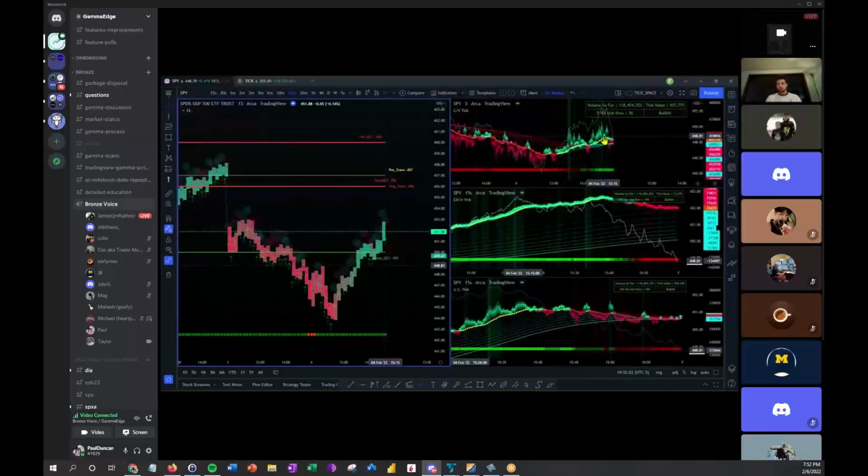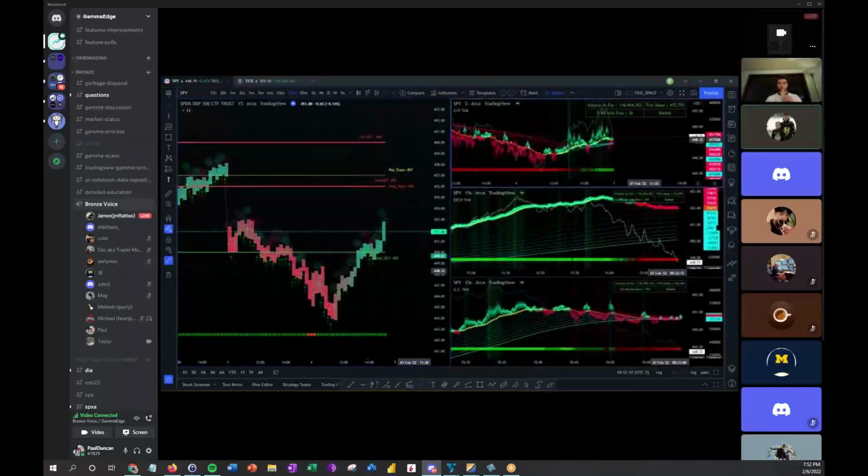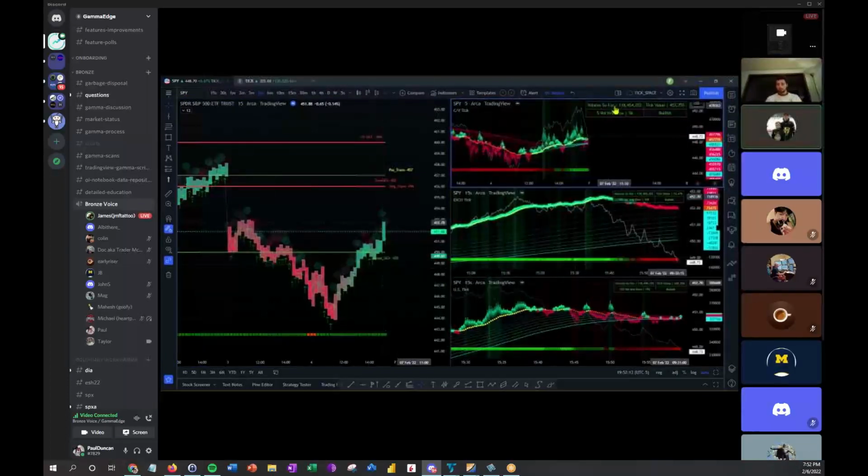So can you describe the text box that you have in the upper right-hand corner, right by your cursor? Yeah, of course. So really simple. Volume so far today on the ticker that you have listed. I keep this pretty much just on SPY, like I said earlier. My SPY is my North Star. The tick value, so that is literally the number of ticks right there.